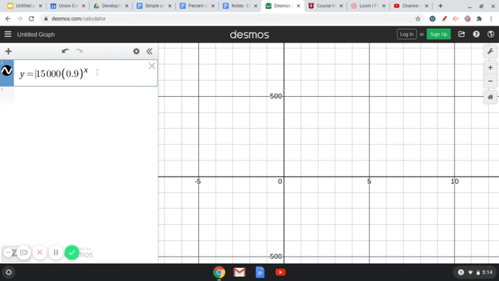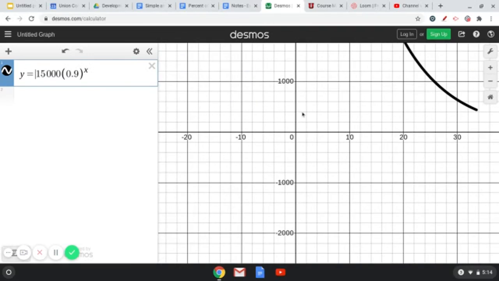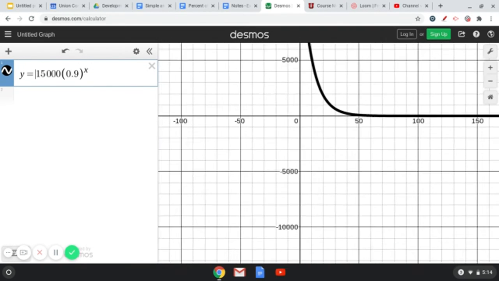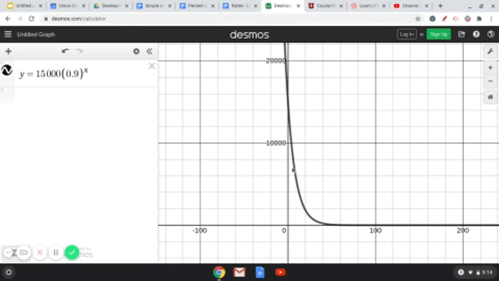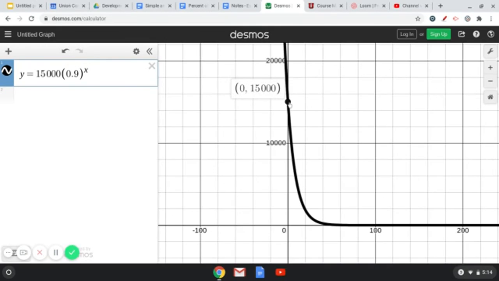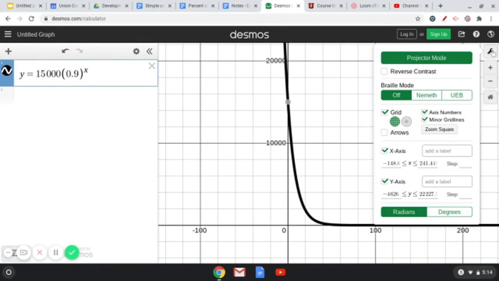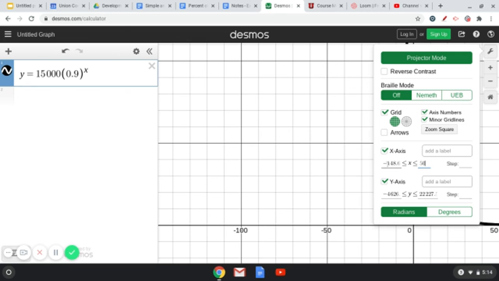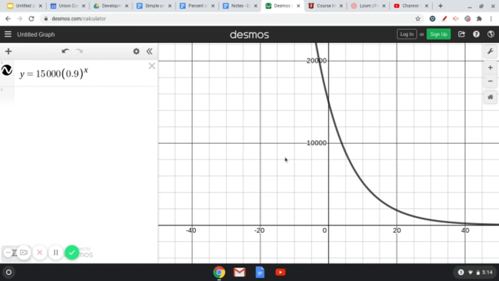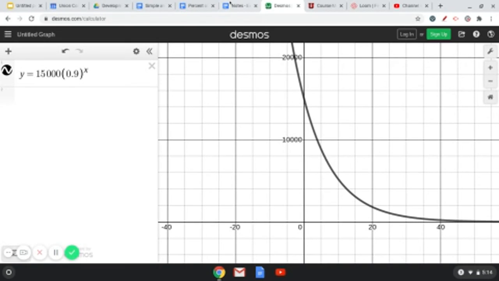Y equals this. And we need to go all the way to 15,000, so we need to go way up high. All right, y'all. 0, 15,000. Good. That's our starting amount. I'm actually going to decrease my x-axis just a little bit to make it a little bit easier to see. Let's go to 50, and let's go this to negative 50.